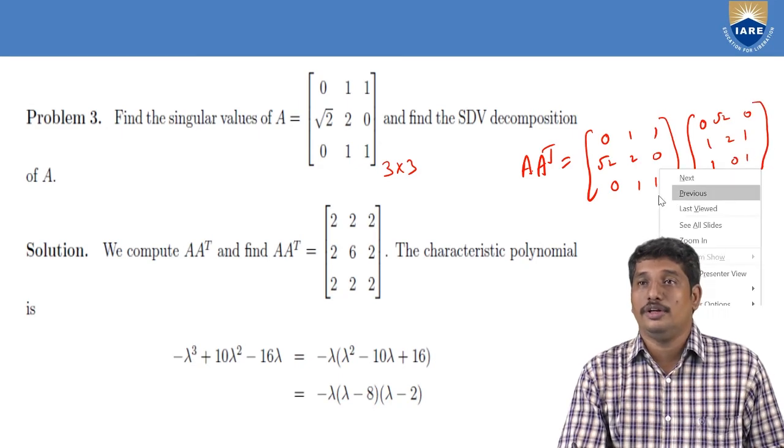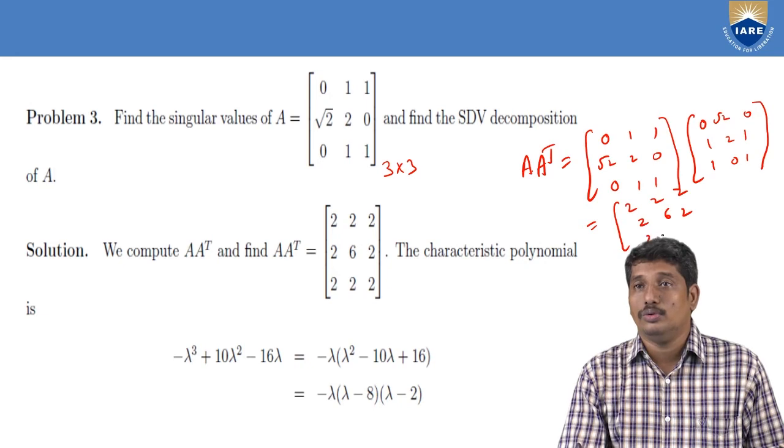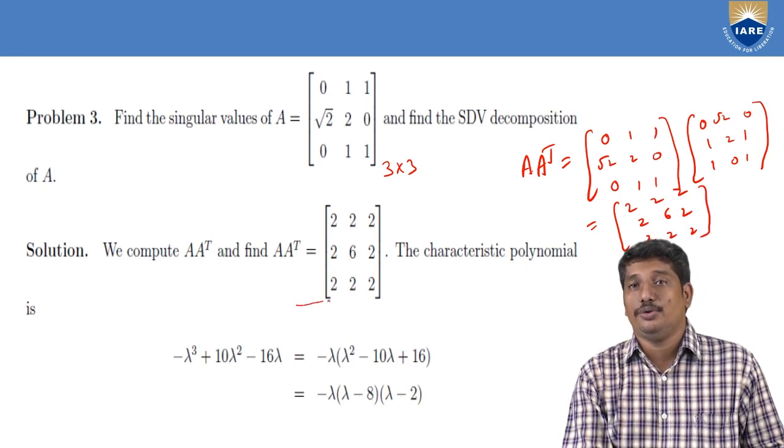This is the product of A into A transpose, which equals 2, 2, 2; 2, 6, 2; 2, 2, 2. So this is represented here. This is our matrix A into A transpose.